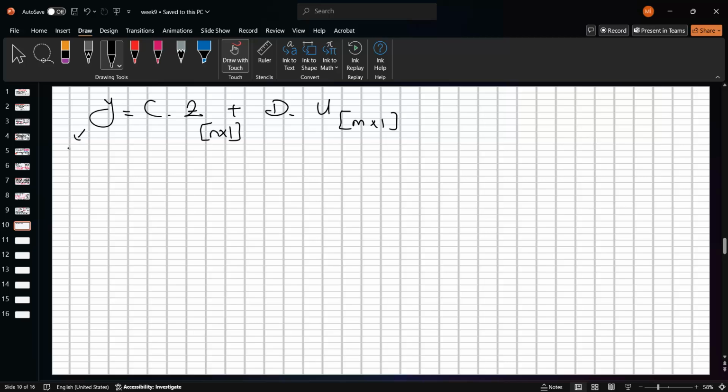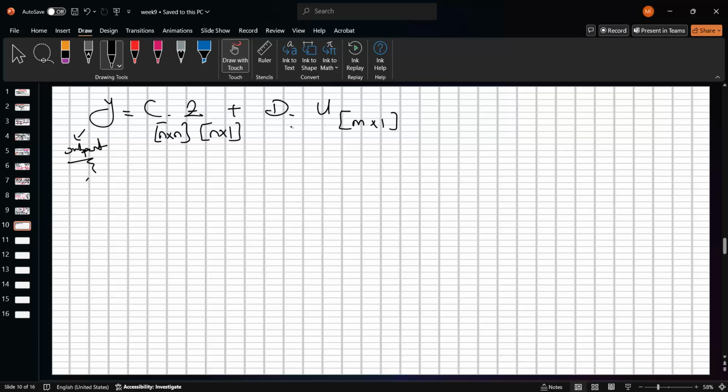This y is called the output matrix. Okay, this c is the observation or the output matrix in here. For example, we have x and x dot, right? If the x and x dot are measured by using a sensor from this system, then this must be equal to what? N times n.